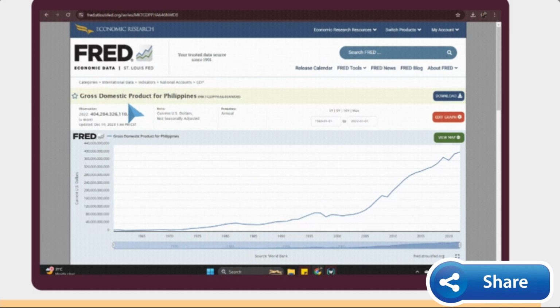The table shows an example of the gross domestic product of the Philippines from 2016 to 2022. In the first quarter of 2022, the real GDP for the Philippines was 400,103,621,340. In the second quarter, the real GDP had risen to 404,284,326,110.